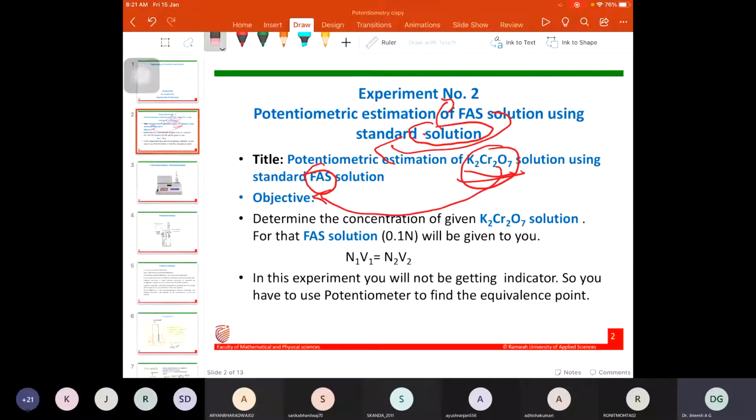And the given potassium dichromate solution concentration will be 0.1 molar. With the help of that, we have to determine the concentration of ferrous ammonium sulfate by performing potentiometric titration.